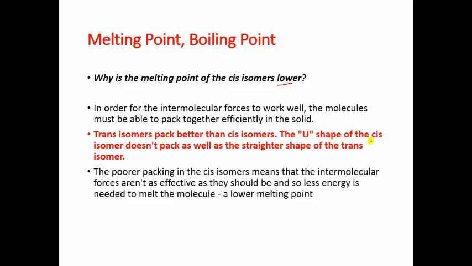The U shape of cis isomer doesn't pack as well as the straighter shape of the trans isomer. The poorer packing of cis isomer means that the intermolecular forces aren't as effective as they should be, and so less energy is needed to melt the molecule, giving a lower melting point.